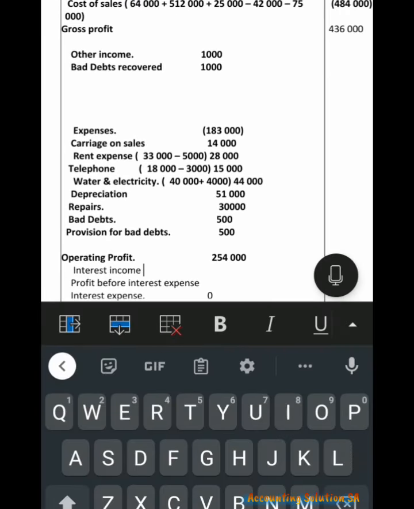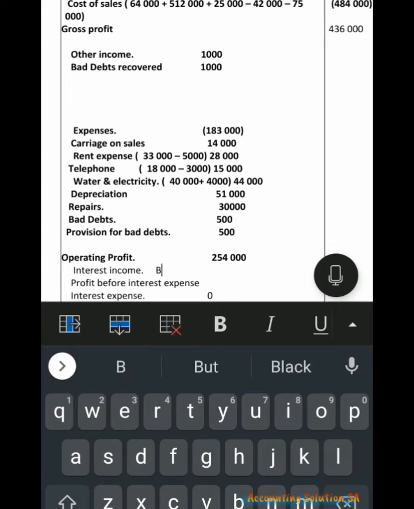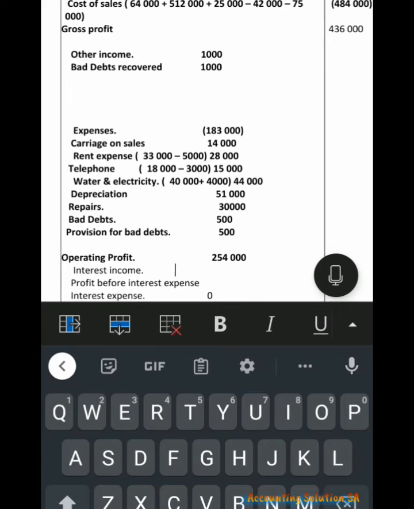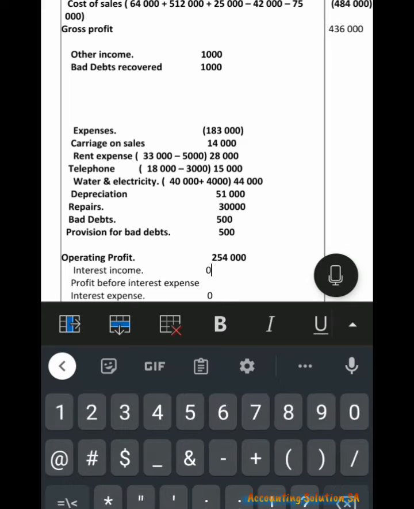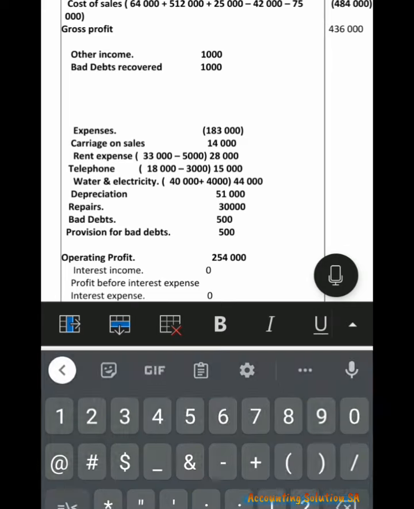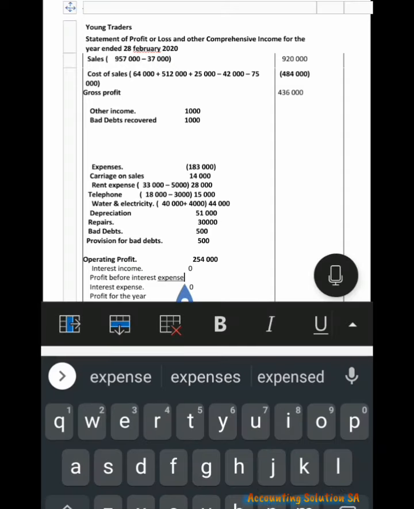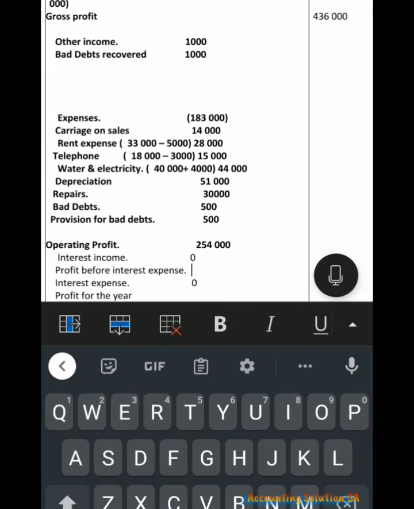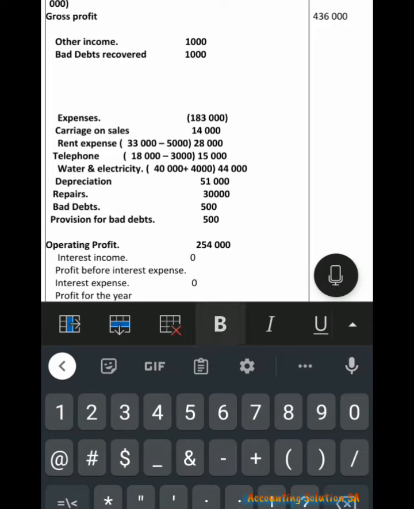We find that we don't have any other income in this case, but please make sure that you practice the other question papers that have interest income. Then profit before interest expense, we say operating profit plus interest income. In this case we're going to get the same amount of 254,000.